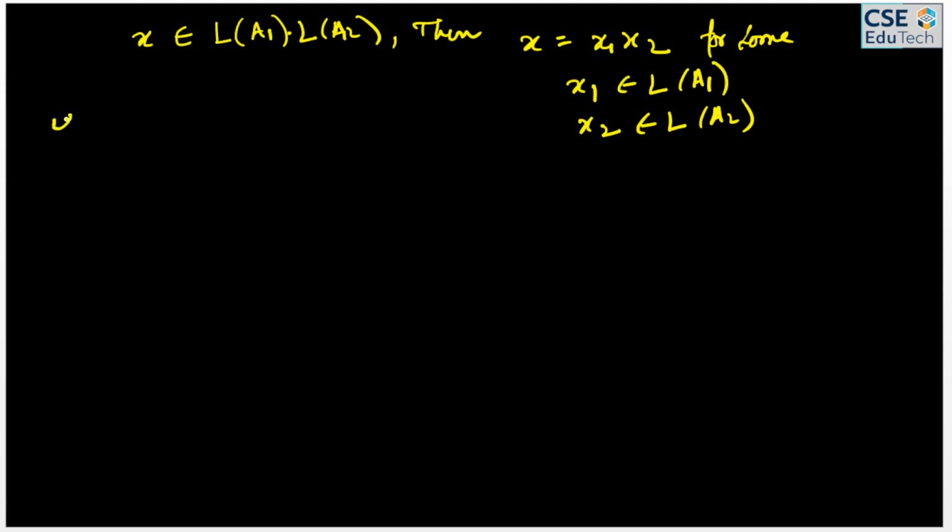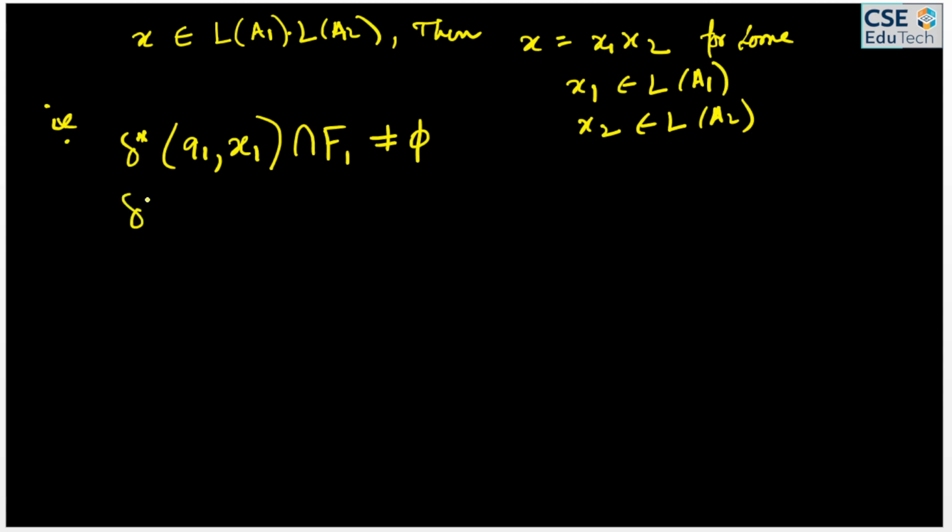So that means delta star processing from starting state q1 after processing x1, and if we make intersection with f1, it should not be null.